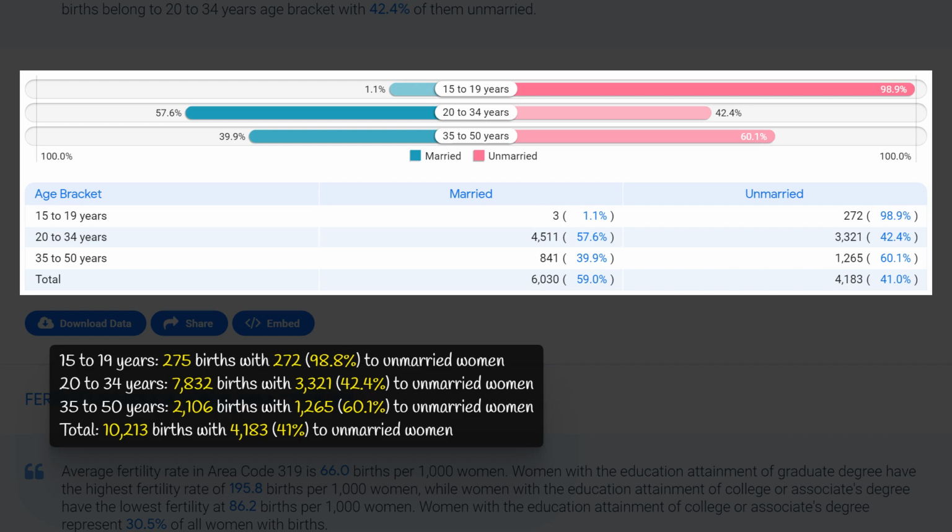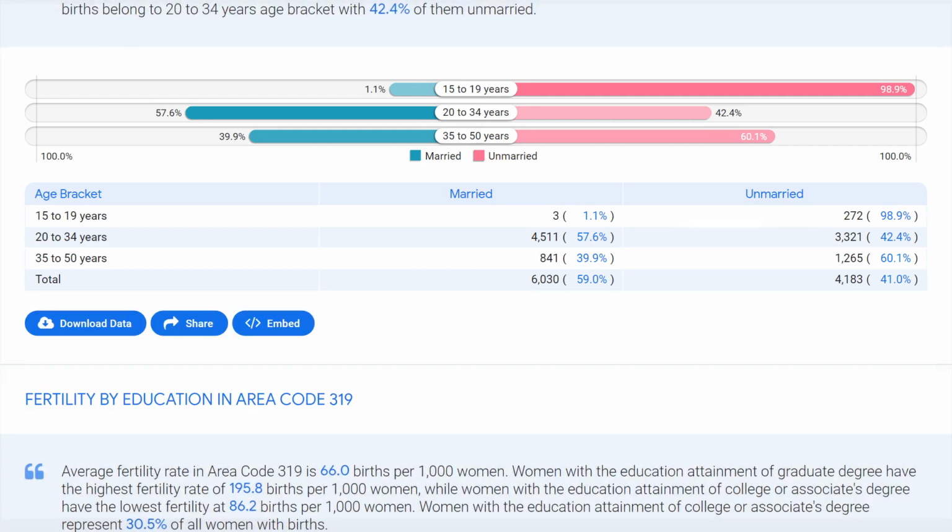This indicates that the highest rate of non-marital childbearing is among teenagers aged 15 to 19, while the lowest rate is among young adults aged 20 to 34. This data suggests that there is a trend of decreasing non-marital childbearing as individuals get older and potentially enter into marriage or committed relationships.